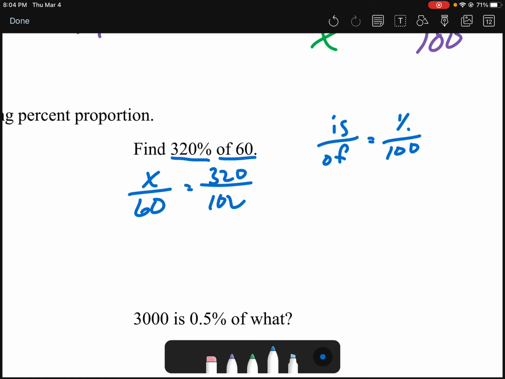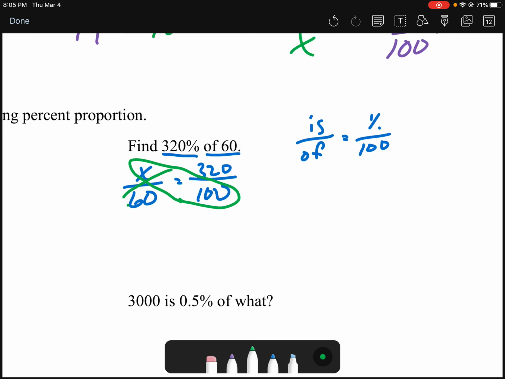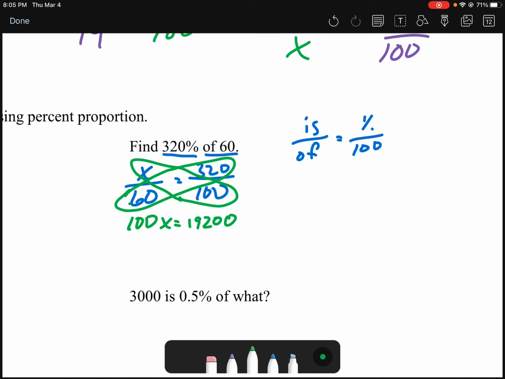I'm going to look at their cross products. I got 100x is equal to 19,200. I hope these are correct. One-step equation. X is equal to 192.